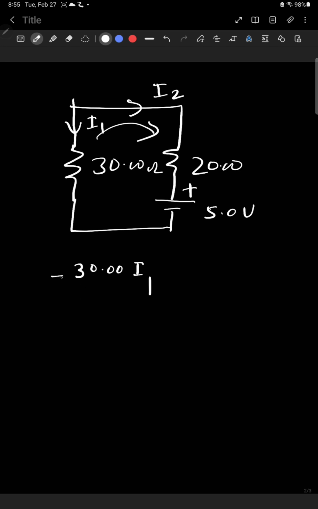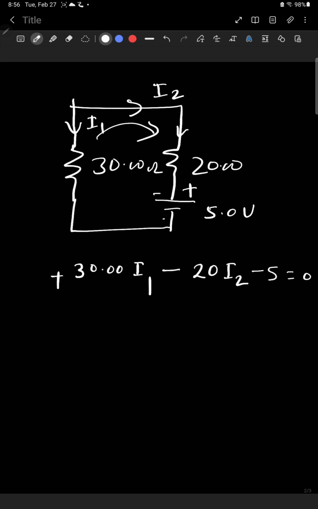Then going through this one, the direction of the current I2 and my travel direction is the same. That's why it should be negative 20 I2. And I have one battery here. I'm going from the positive to the negative terminal, so negative 5, equal to 0.